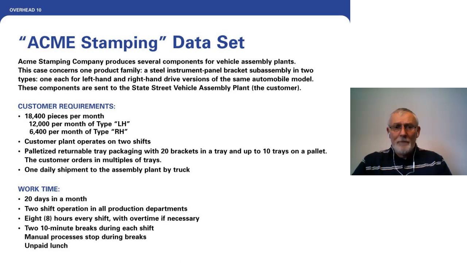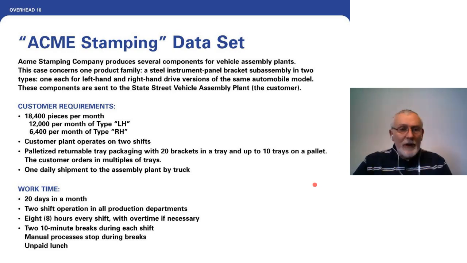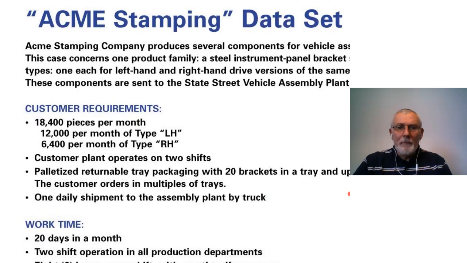Okay, so in terms of what do we map, here's a set of sample data, if you will. Let me just enlarge that so you can see. So starting out with some customer information. The requirements. So we have their demand information, the breakdown of what the mix might be, when they're running, how they want the materials brought in, how frequently they're getting them.